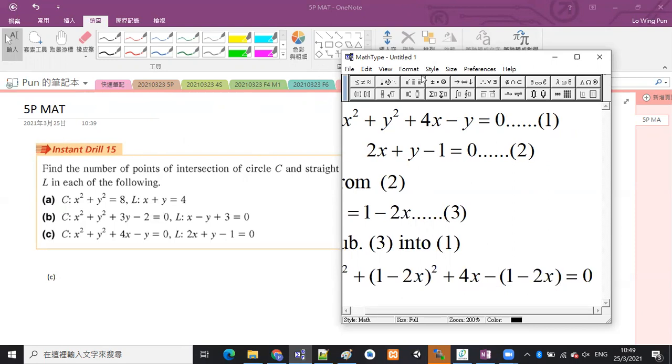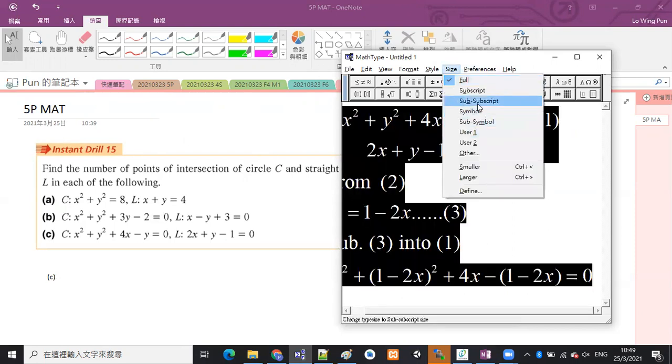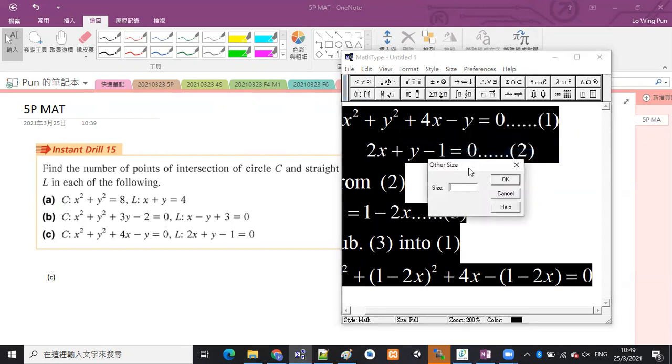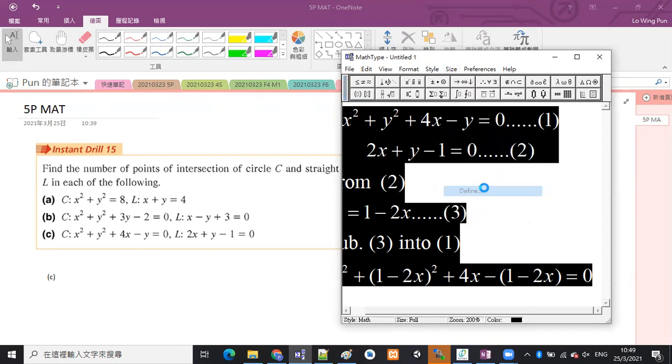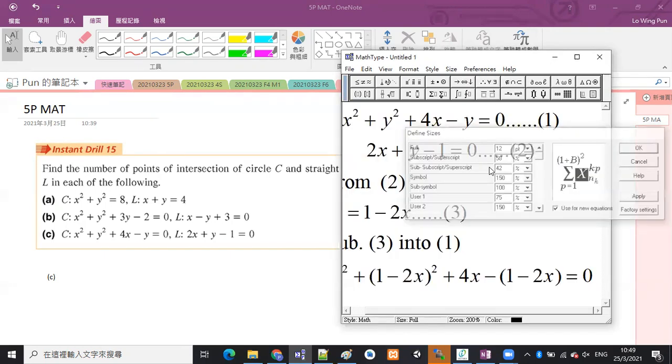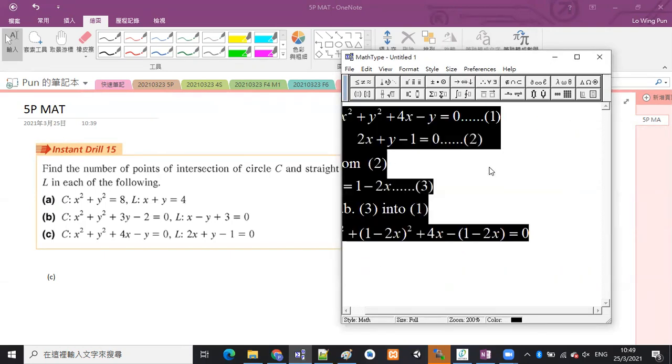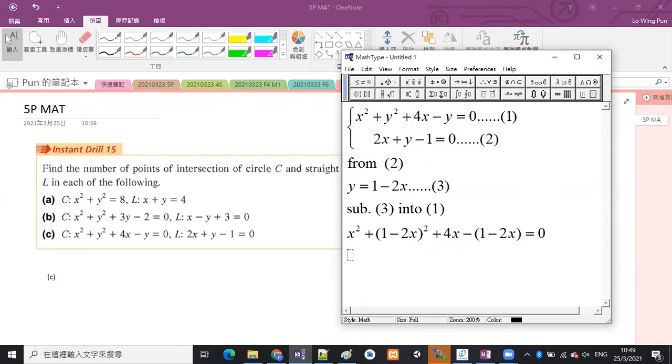Can you get this? Are the words still clear? Okay, clear.